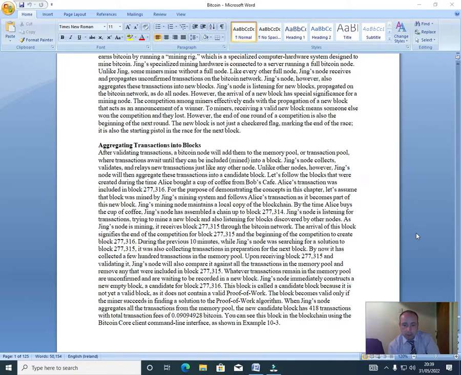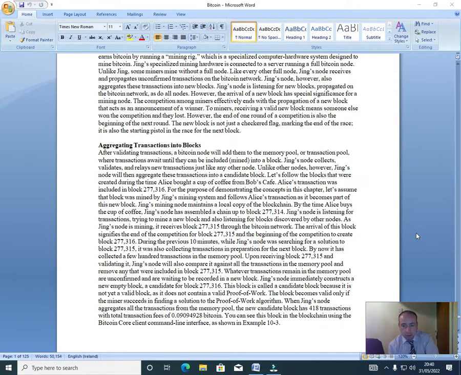Upon receiving block 277315 and validating it, Jing's node will also compare it against all the transactions in the memory pool and remove any that were included in block 277315. Whatever transactions remain in the memory pool are unconfirmed and are waiting to be recorded in a new block.